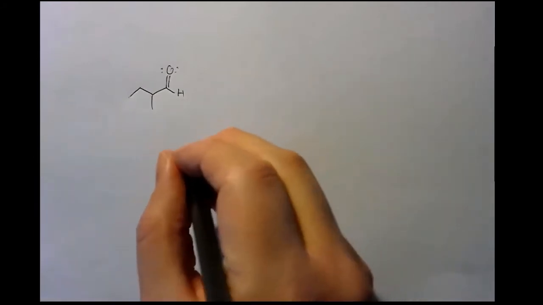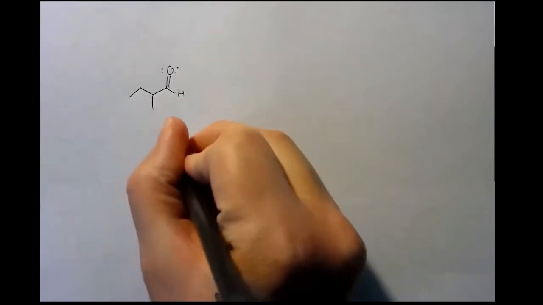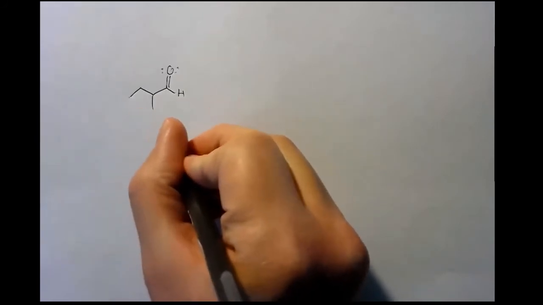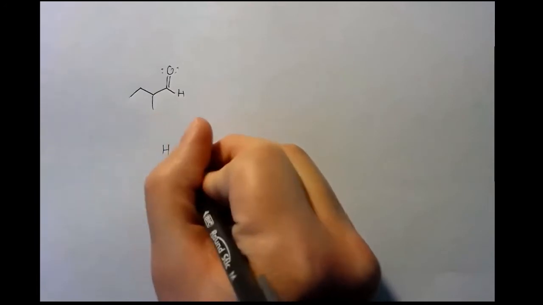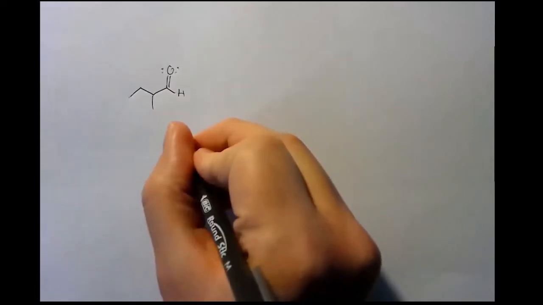So in every case, we're going to start with the addition. So we take our amine. An amine is going to have a nitrogen group with some hydrogens attached and maybe some carbons also.